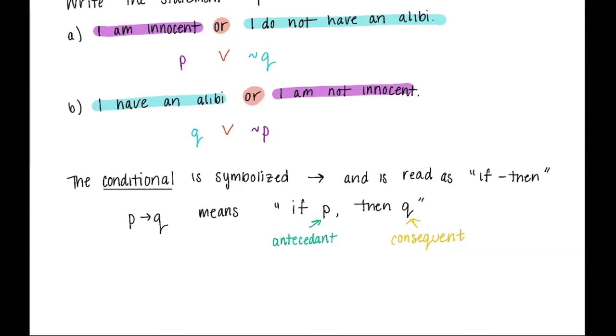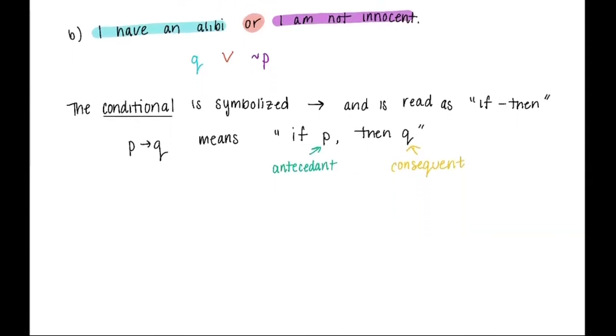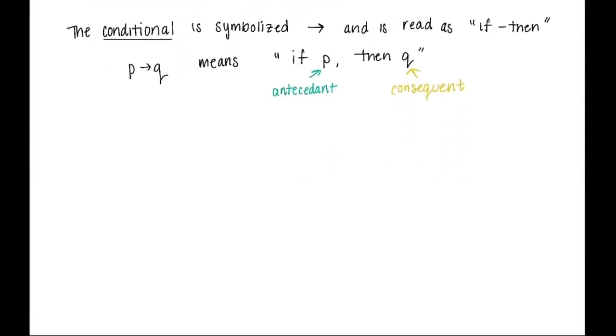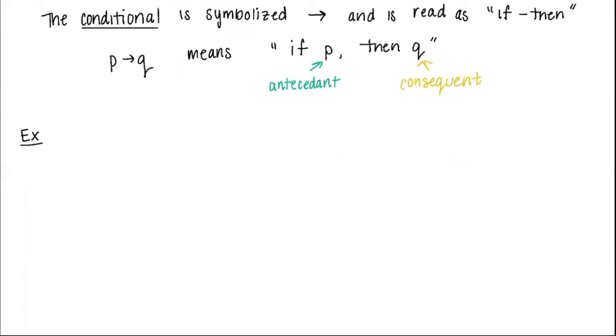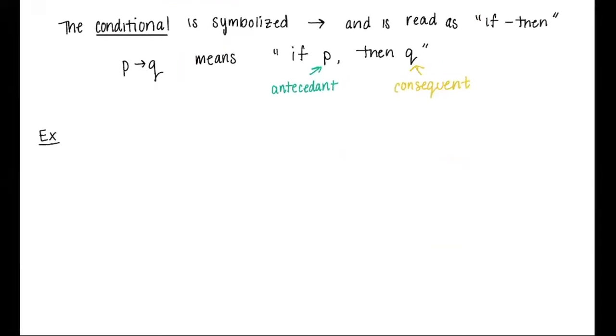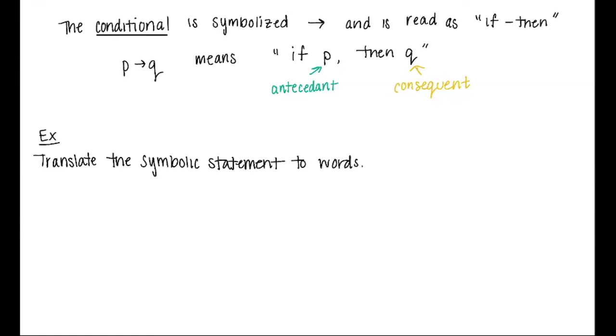So let's try the opposite now. We've put things into symbolic form. Let's take a symbolic form and translate it into words. So we're going to translate this symbolic statement to words. They tell us P is representing the statement, I am innocent.